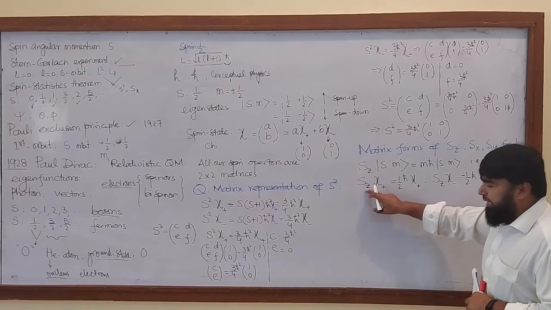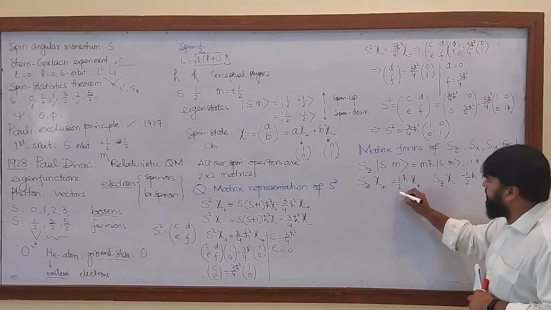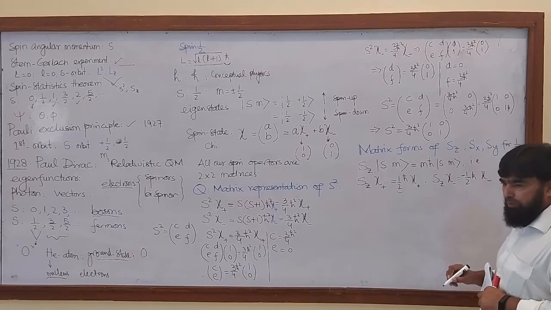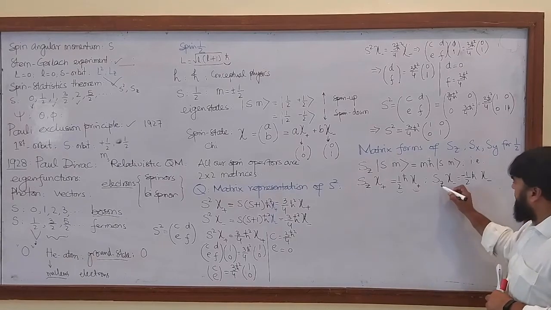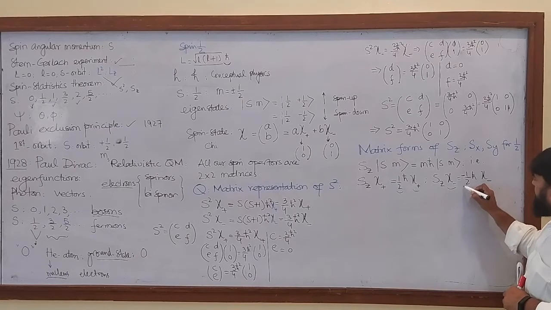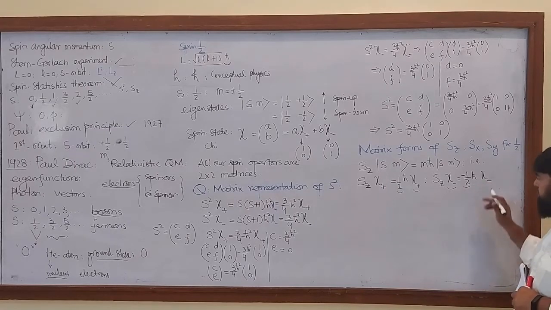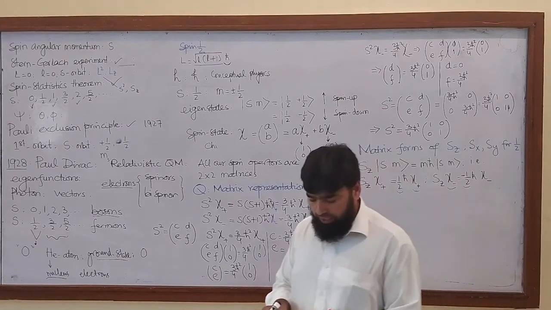When SZ operates on chi plus, it will give you an eigenvalue half h bar, while the state comes out as it is. When SZ operates on chi minus, it will give you a value minus half h bar, while the state will remain as chi minus.